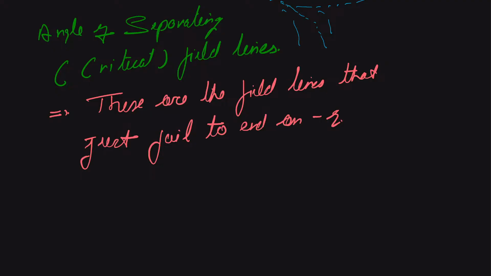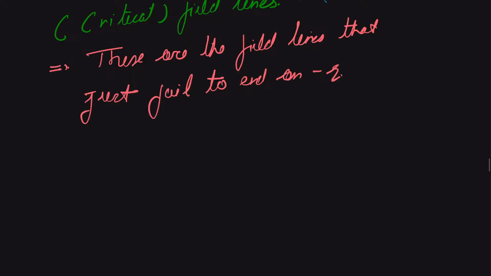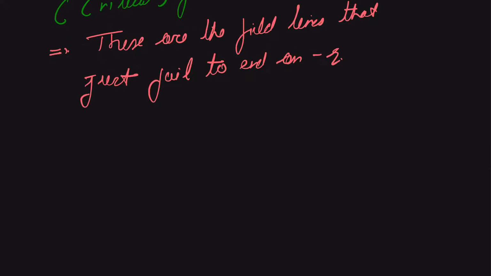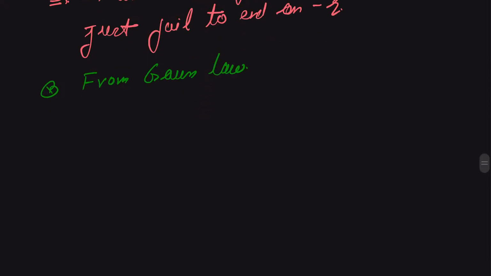Let us start with a Gauss law argument. From Gauss law, the flux leaving our plus 2q will be 2q upon epsilon naught, and the flux terminating at minus q will be q upon epsilon naught.